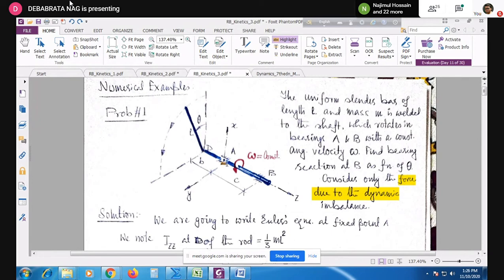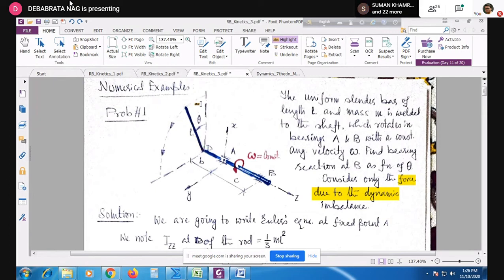Now we have to keep in mind, see this figure, in this figure you see, which is your rigid body? This is not the rigid body because this shaft is massless. Actually the rigid body is this rod. This rod has been welded to this shaft.